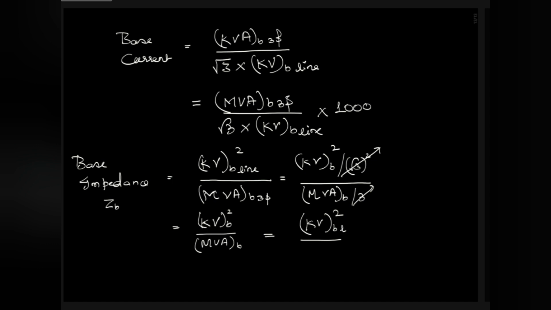So in 3-phase it will be line voltage divided by MVA, write this one in kVA base for 3-phase. Now we need to multiply this with 1000. Okay, because if we want to equate this two value, you need to divide this kVA with 1000, right?